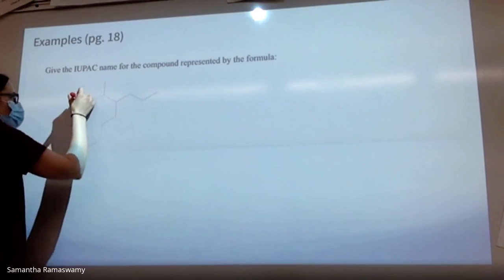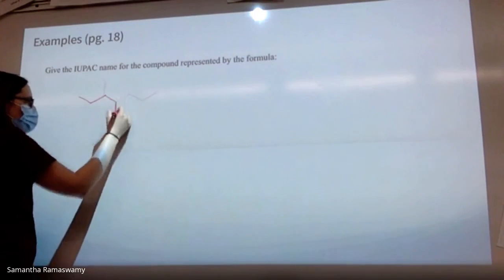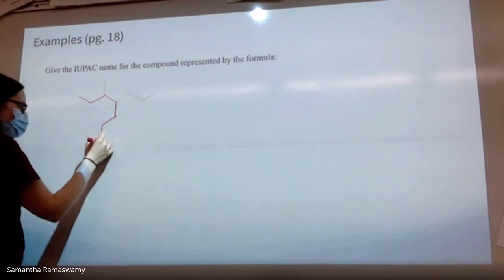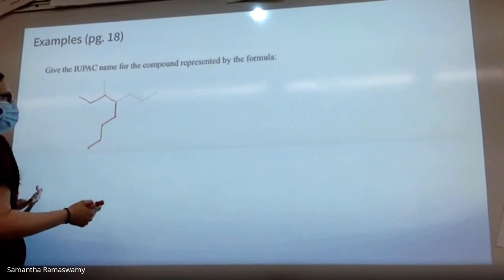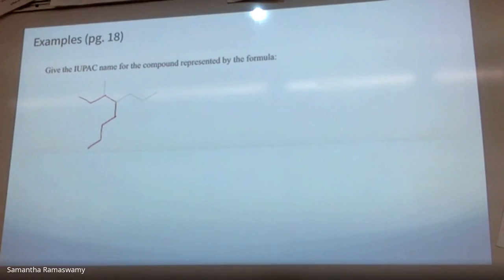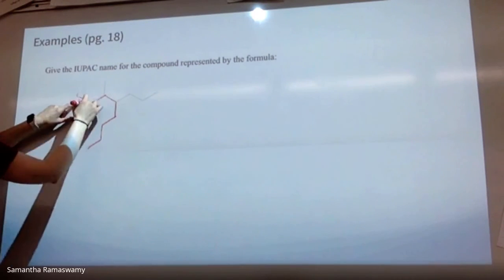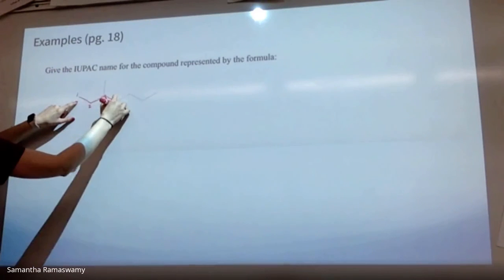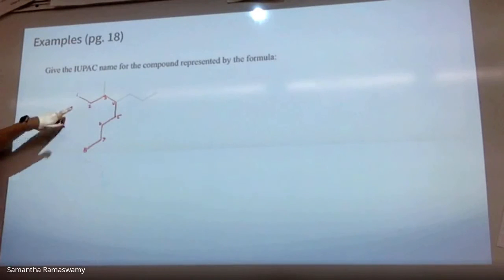So I'm going to use this one as the main chain. Now, when I number, you want to start your numbering at the end closest to a substituent. That's this end. There's a substituent right here. 1, 2, 3, 4, 5, 6, 7, 8.